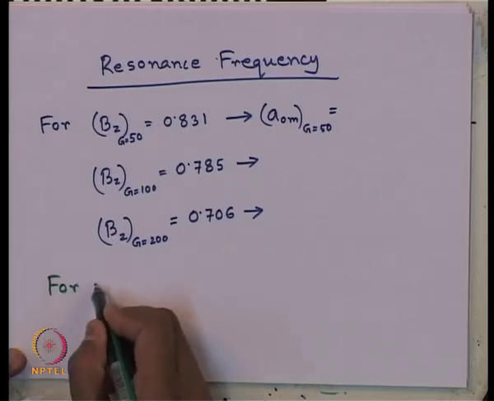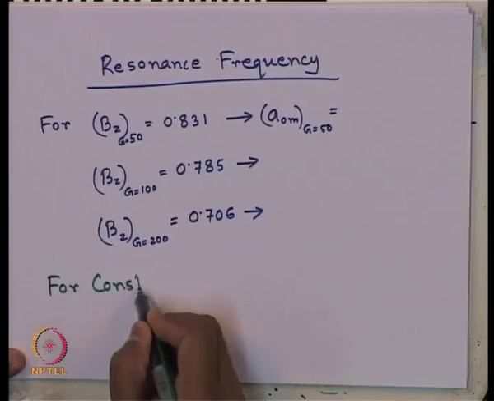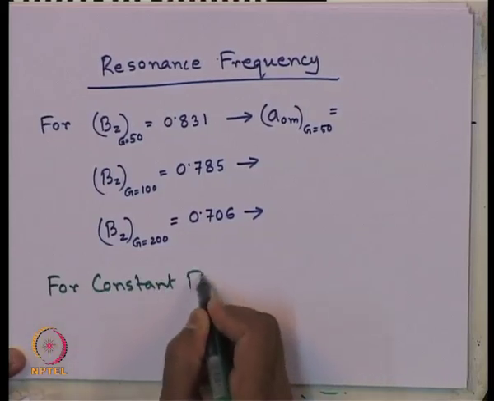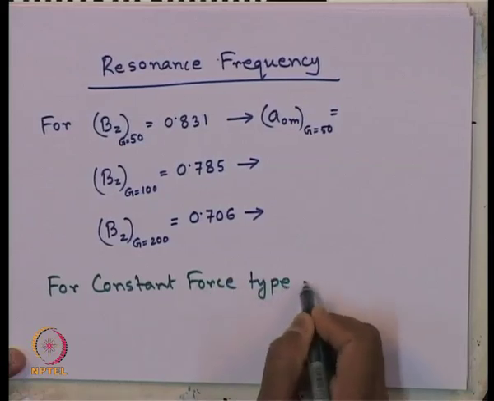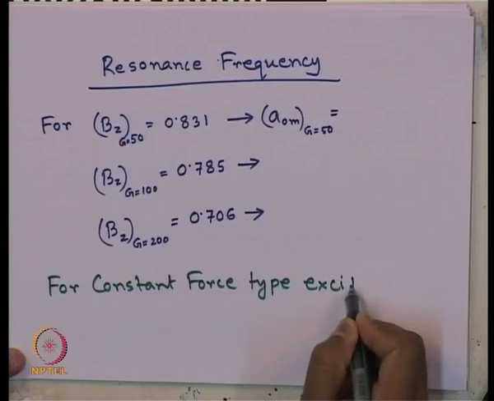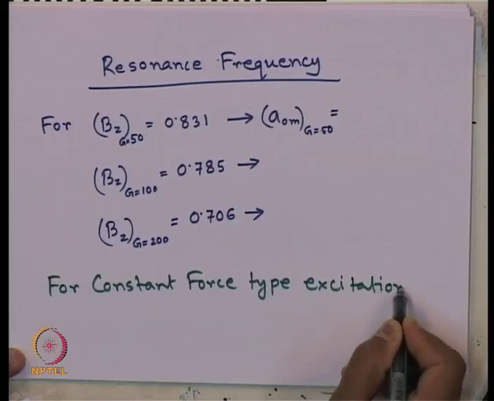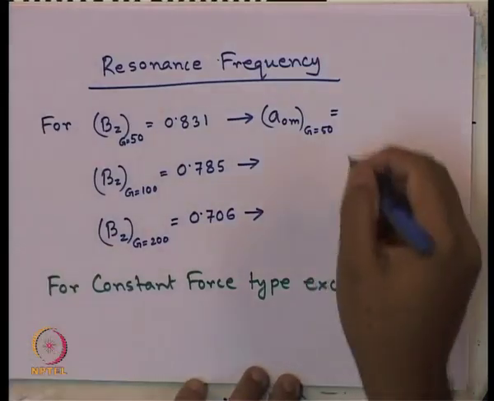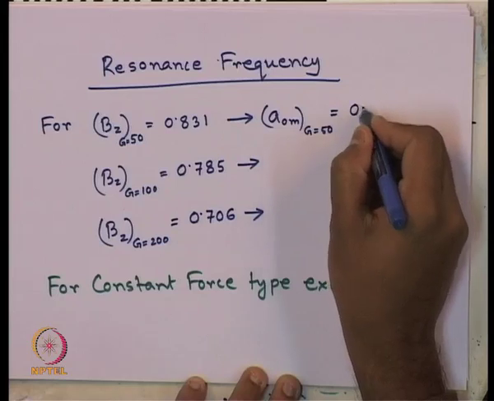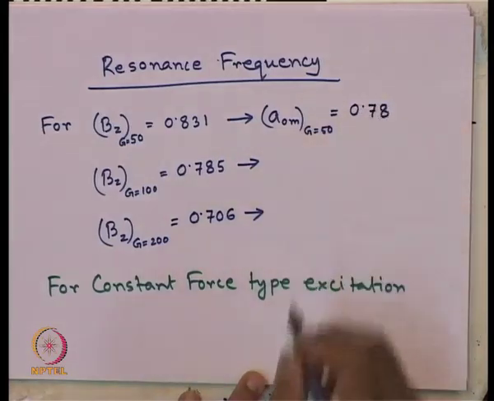So, for constant force type excitation, that means in the design chart we should look into the dotted line, right. How much are we reading? For the first one I read the value as 0.78.